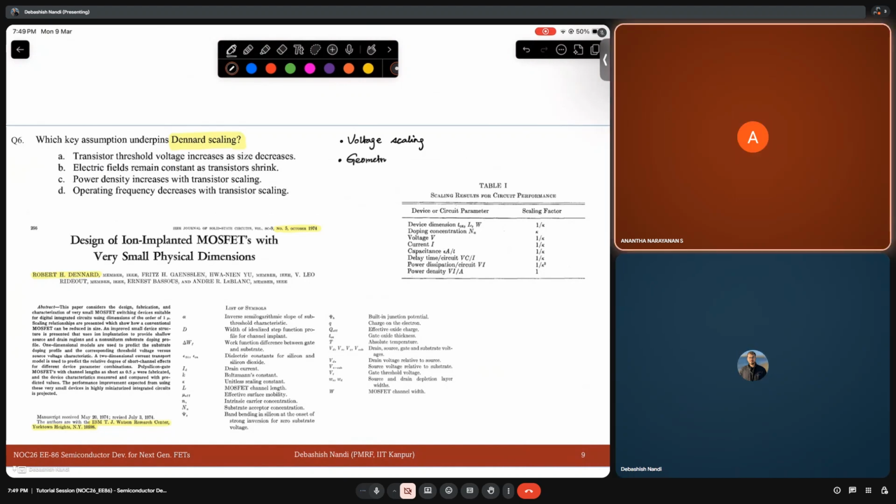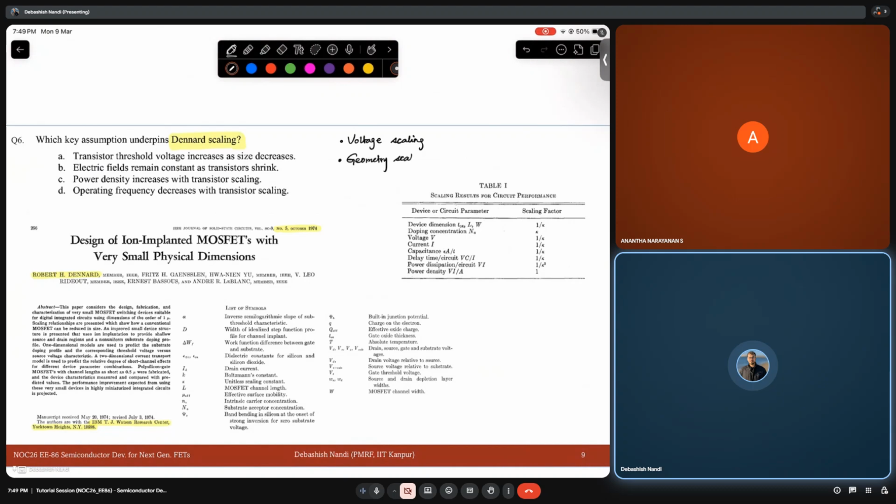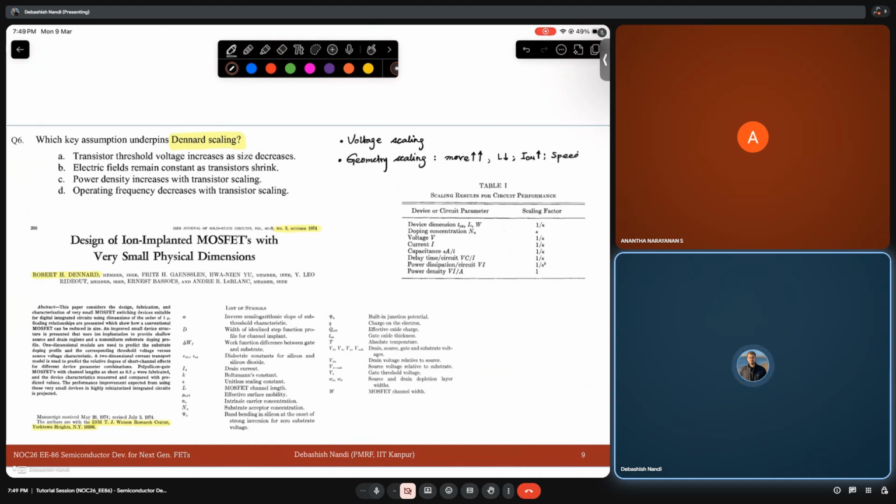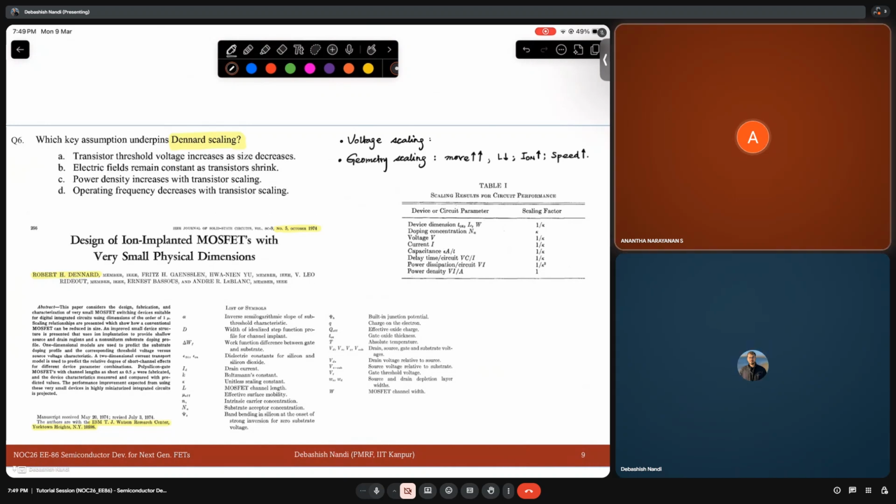Geometry scaling makes sense because I need more transistors on a chip, so I am reducing everything. L is reduced, my ION is increased, speed is increased, many advantages, right? But if I do not scale my voltage, what will happen? Heating effect.